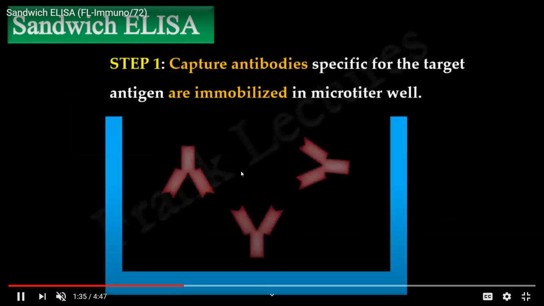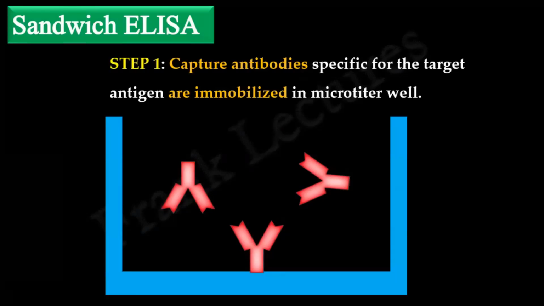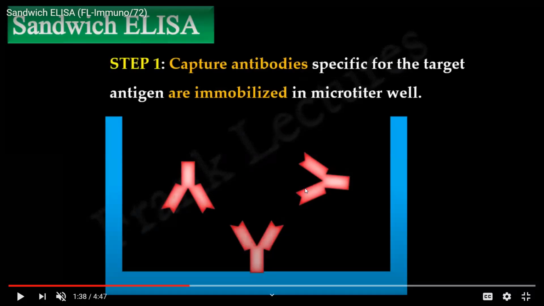So how do we start first? We take a microtiter well. That is the first step. In this microtiter well, we are going to add some antibodies. First of all, we add the capture antibodies, which will be specific for that particular antigen, and allow those antibodies to immobilize so that they do not go away from there.